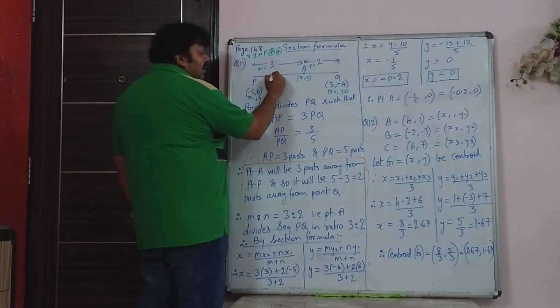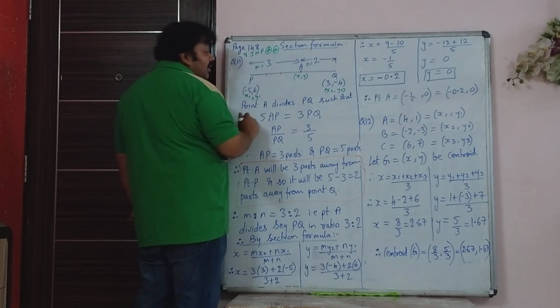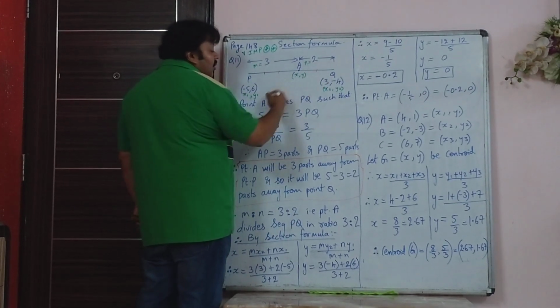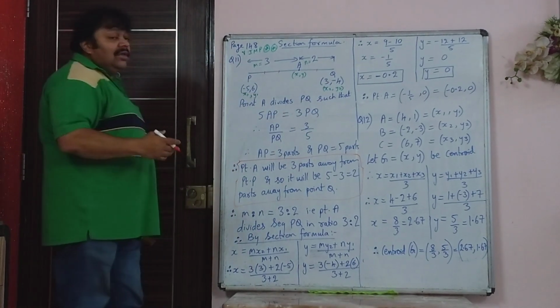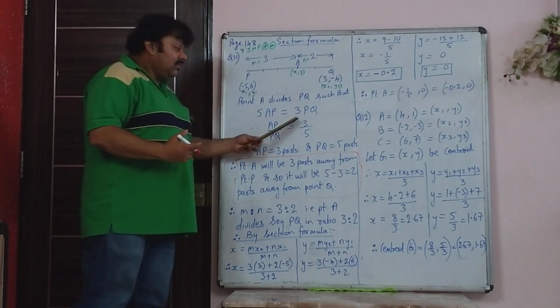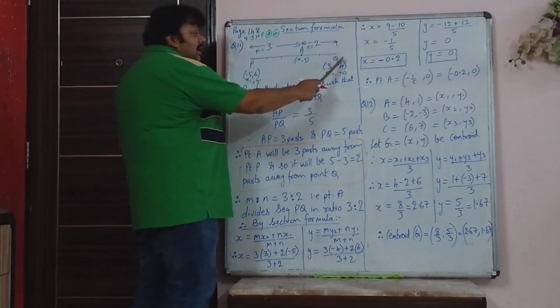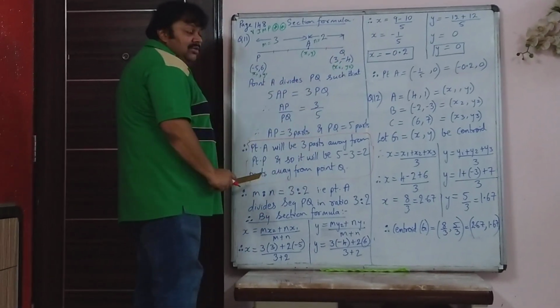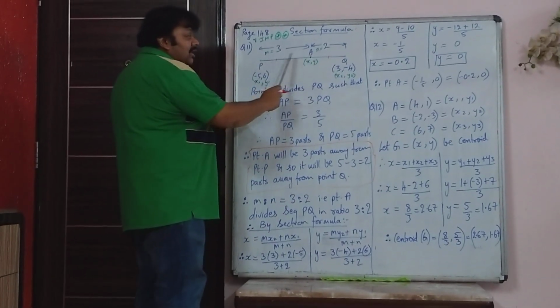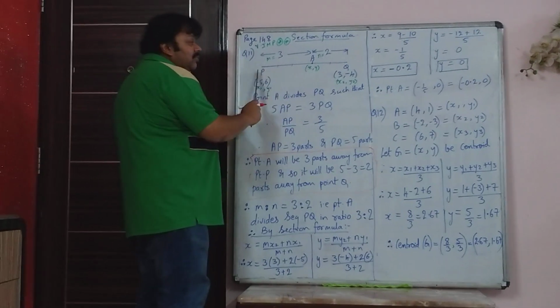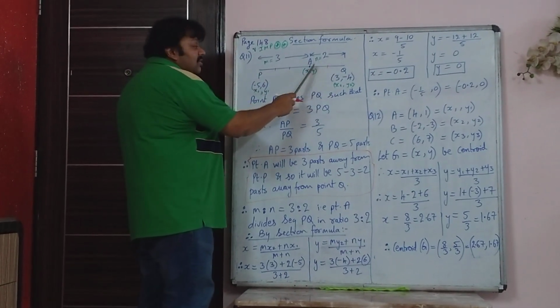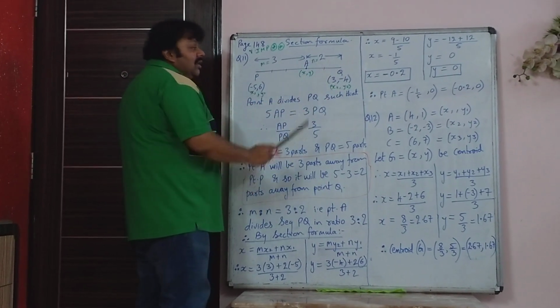So this would be 1, 2, 3 parts, 3 equal parts, and 4 and 5. Now where is A? We will get A from this. AP is 3 parts and the entire length PQ is 5 parts, which means point A is at a distance of 3 units from P, then it will be at a distance of 2 units from Q.